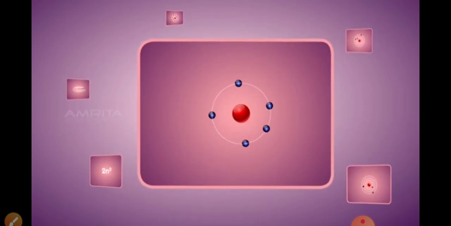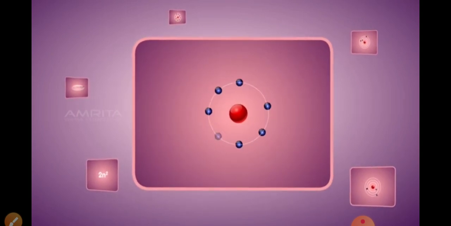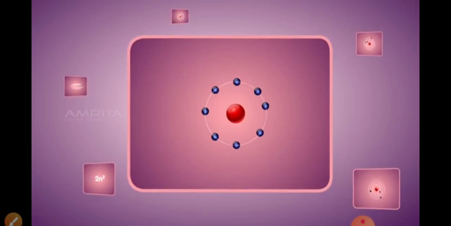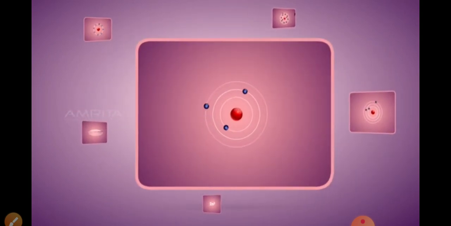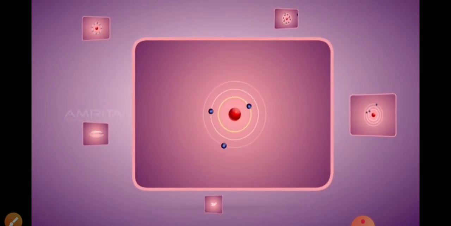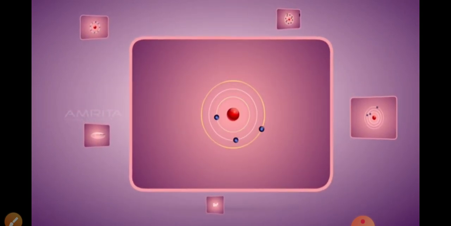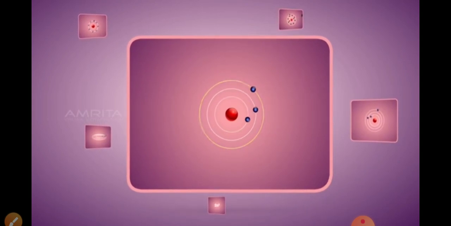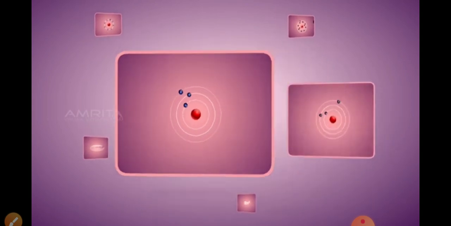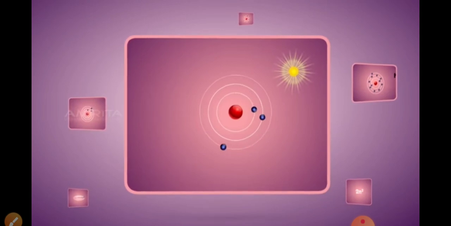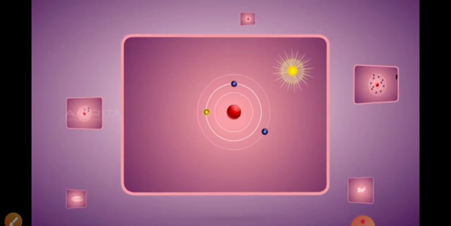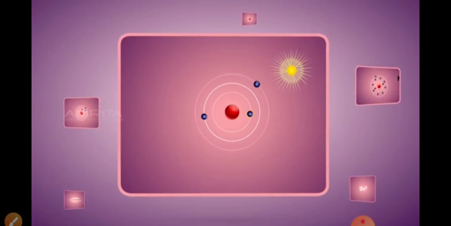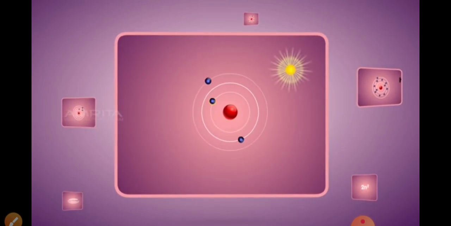The maximum number of electrons that can be accommodated in the outermost shell is 8. The orbit closest to the nucleus has minimum energy, and the orbit farthest has maximum energy. Electrons are excited to higher energy levels by absorbing energy and return to lower energy levels by radiating energy.